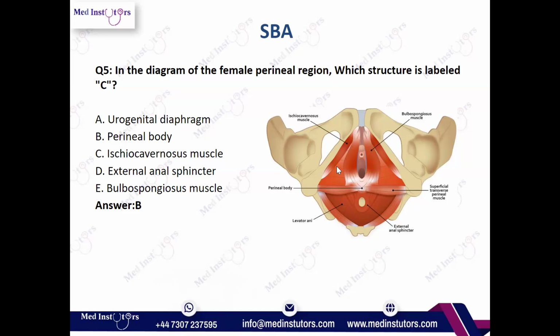Because these muscles would be cut during episiotomy, during spontaneous vaginal delivery. If we need to give an episiotomy, which is usually given at a mediolateral location, some of these muscles would be cut. So in the exam, they might ask what are the muscles which are cut during episiotomy, specifically mediolateral episiotomy.